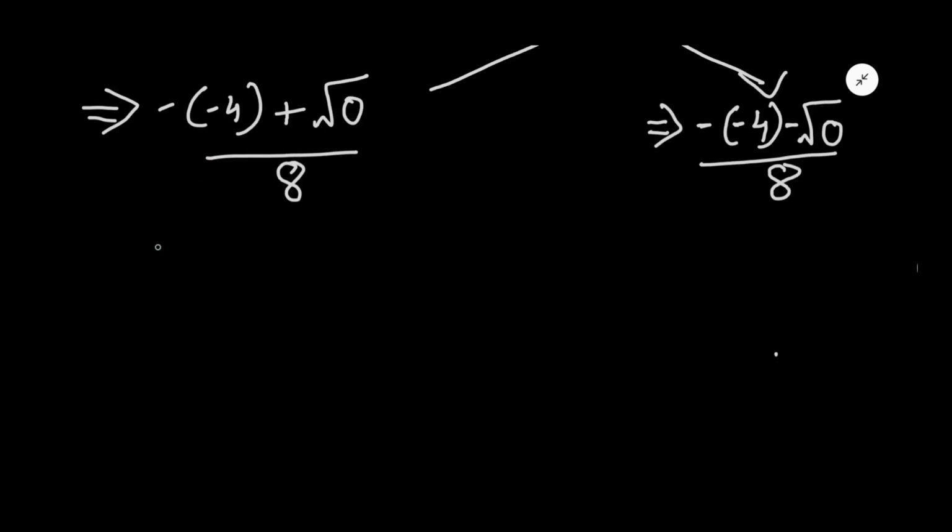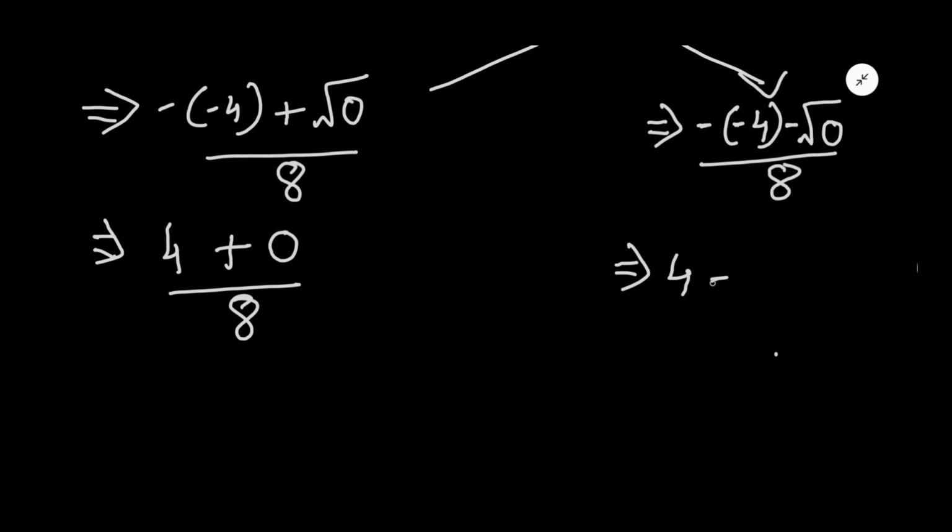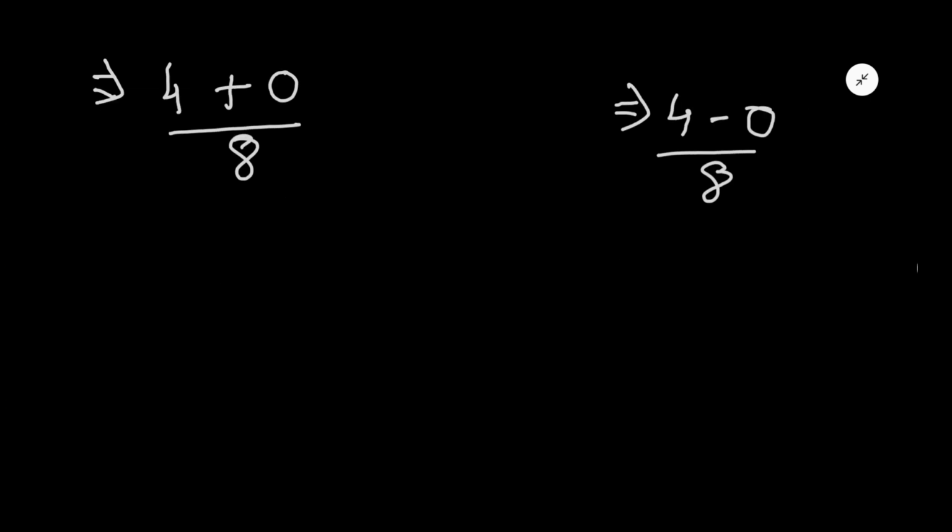So minus minus is plus 4, and the square root of 0 is 0. So 4 plus 0 upon 8, and for the other equation, 4 minus 0 upon 8.